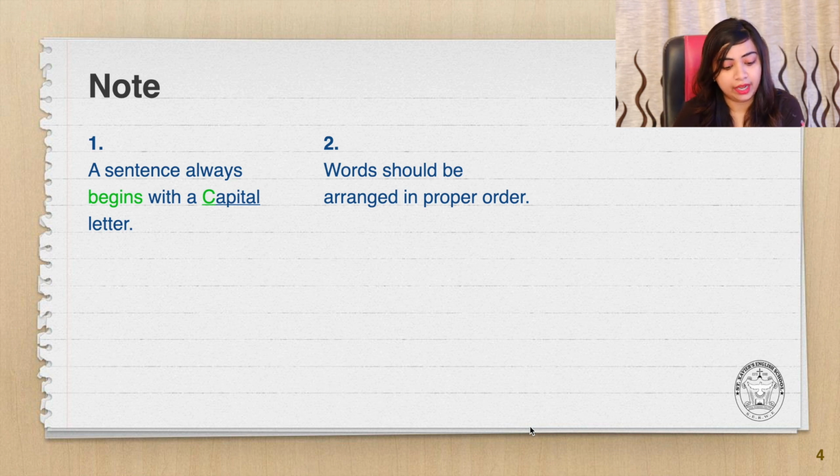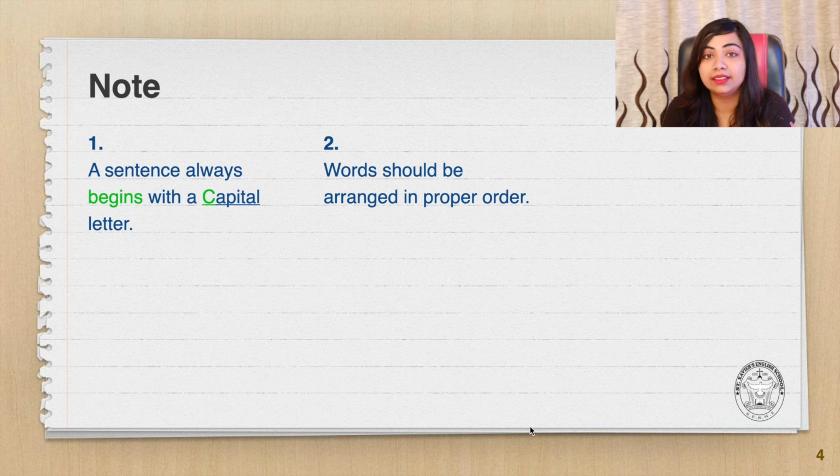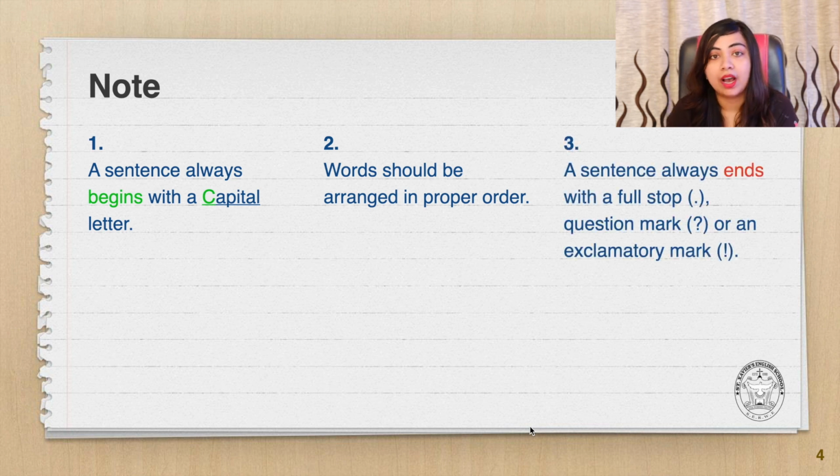Now, the third point is, a sentence ends with a full stop, a mark of interrogation or an exclamatory mark. So these three points you have to remember, and it is very important.